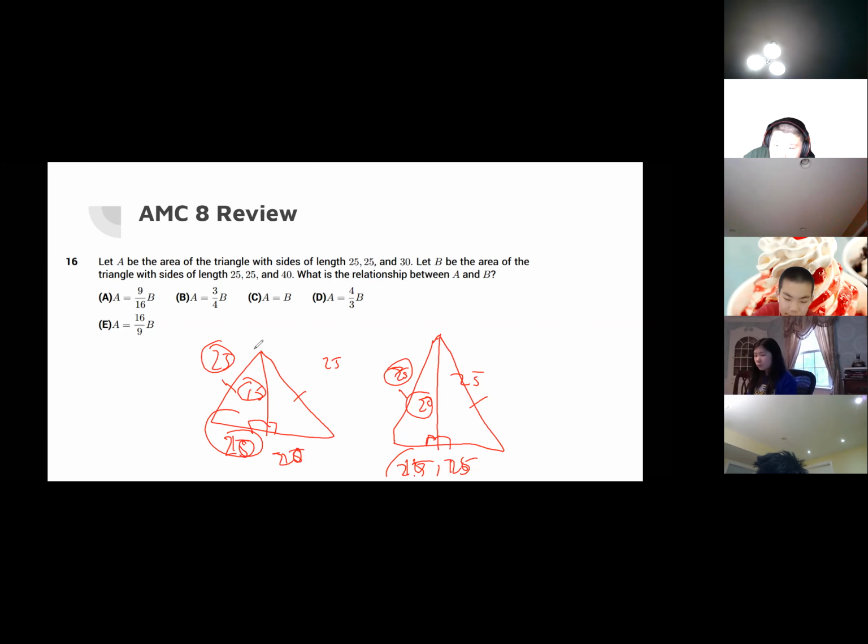From there you can see that because this area is equal to this area, and this area is equal to this area, the total areas for both will be identical. If that was a bit confusing, then don't worry about it.